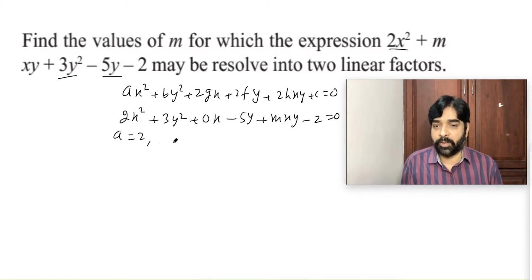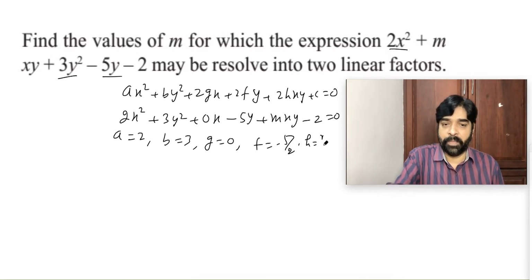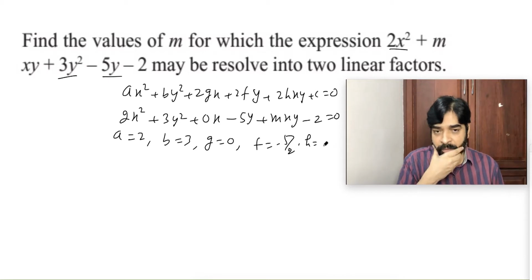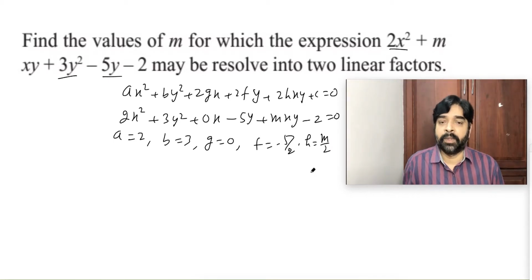So a equal to 2, b equal to 3, g equal to 0, f equal to minus 5 by 2. I hope all of you understand. 2hxy equals mxy, so 2h equal to m, so h equal to m by 2, and c equal to minus 2.